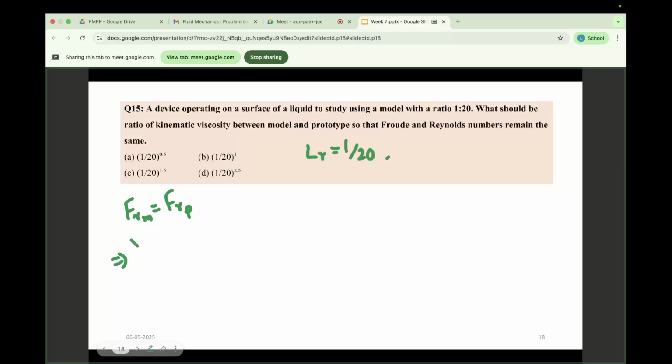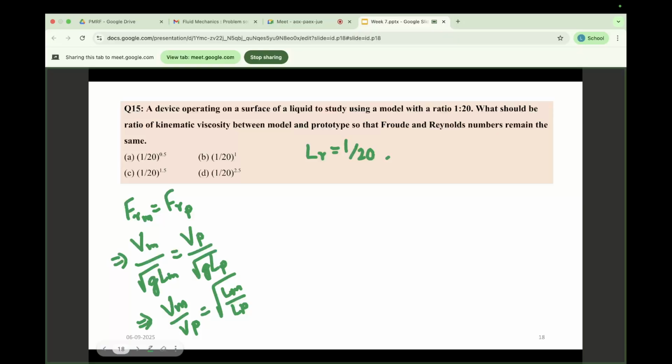So I can write Vm by root g Lm equal to Vp by root g Lp. Accordingly, I can write Vm by Vp is root Lm by Lp. I already know this thing, still I have written it for your convenience.